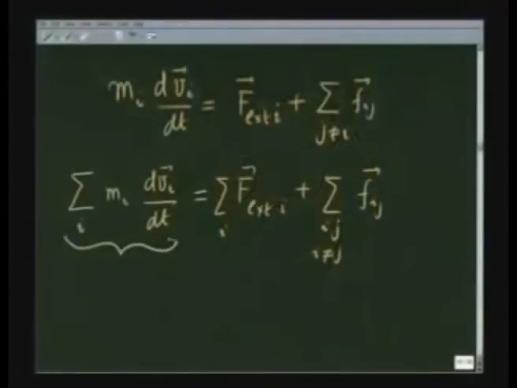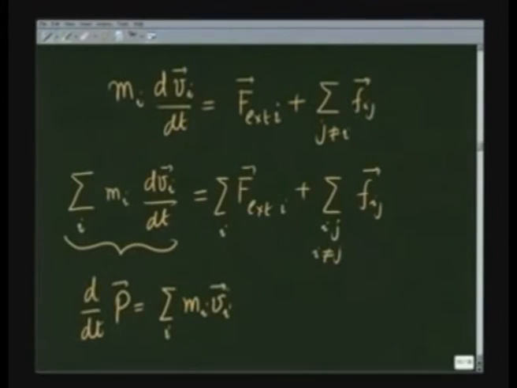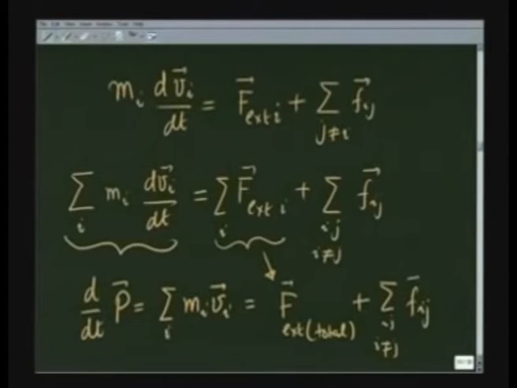This you recognize is the rate of change of total momentum P, which I defined as the summation of individual momenta. This should be equal to the net external force, F external total, plus this term, the sum over i, j, i not equal to j, of F ij. Let us see what this term adds up to.